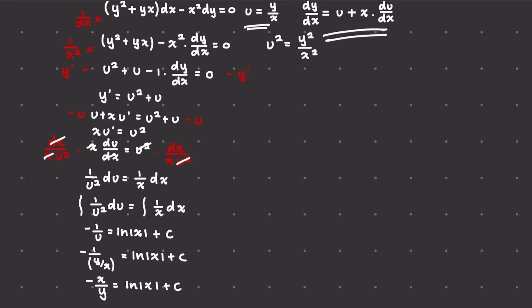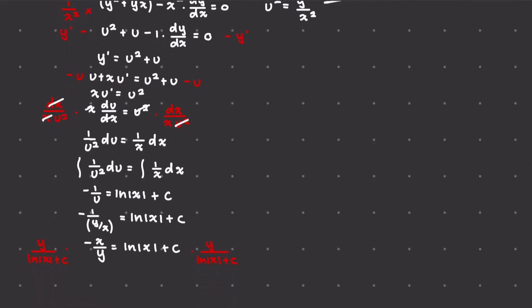Multiplying everything by y over ln x plus c, and on the other hand too, multiplying by y over ln x plus c, will give us our general solution for this differential equation, in which on the left hand side our y will cross out, and on our right hand side our ln x plus c will cross out as well.